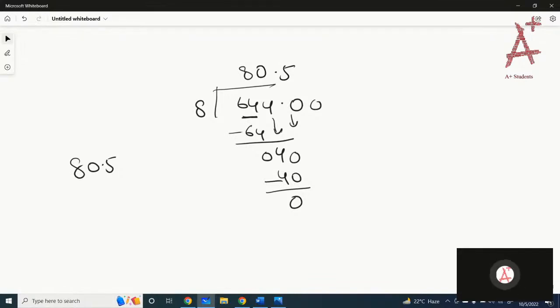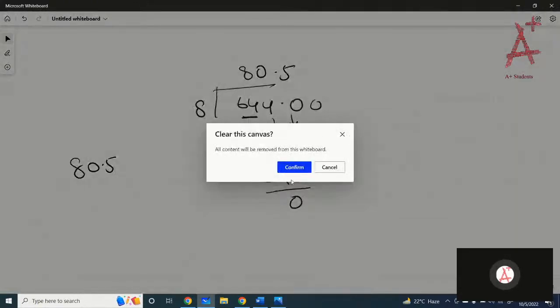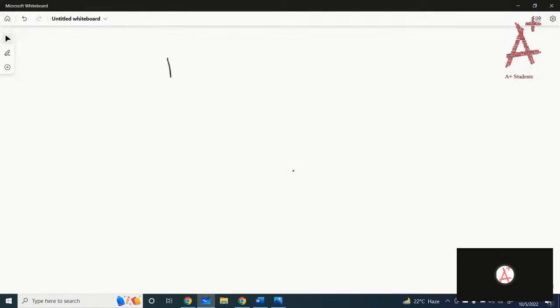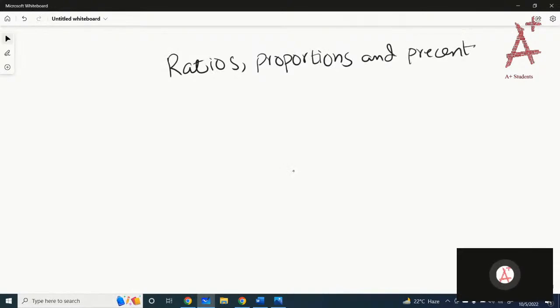So we have done with this chapter. That means we're going to start with the next chapter, and the next chapter is ratios, proportions, and percents. Let's start with chapter 3. You can find these lessons on aplusstudents.com, and you have to log in there using your email address and password.